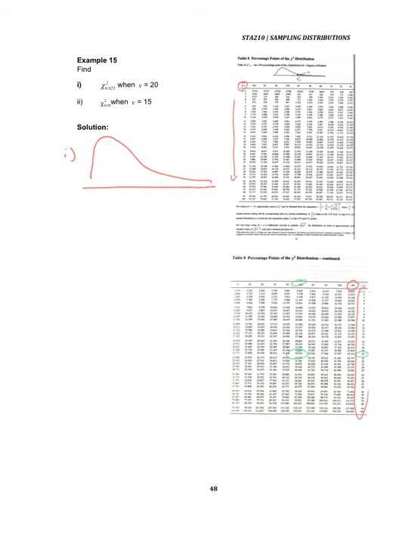After we get the value of chi-square 0.025 with V equal to 20, we can draw the curve like this. Let's say this is the area for chi-square 0.025 with V equivalent to 20, and the value we found is 34.17.